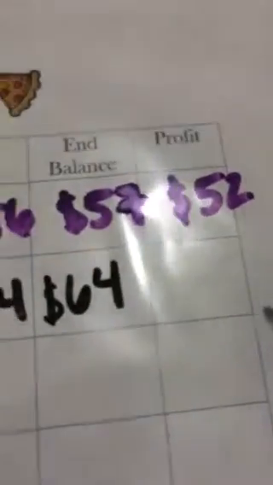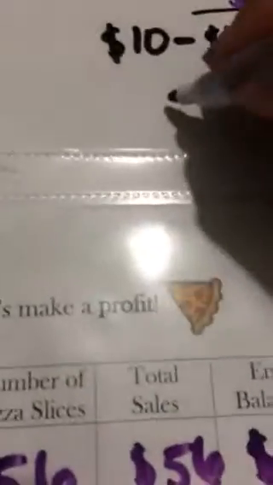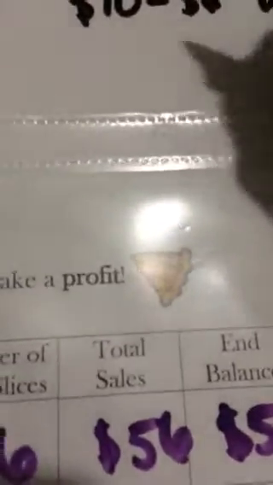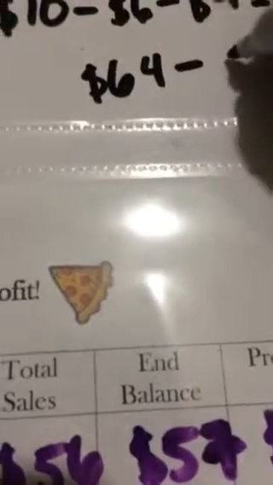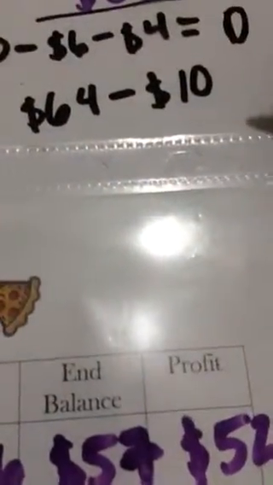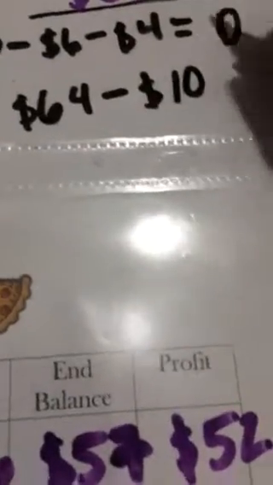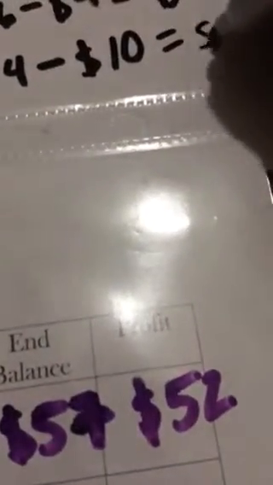And then my profit is the $64 that I made minus my expenses, which was $10 because I spent $6 for the pizza box and $4 for my plates, which means I only made $54.